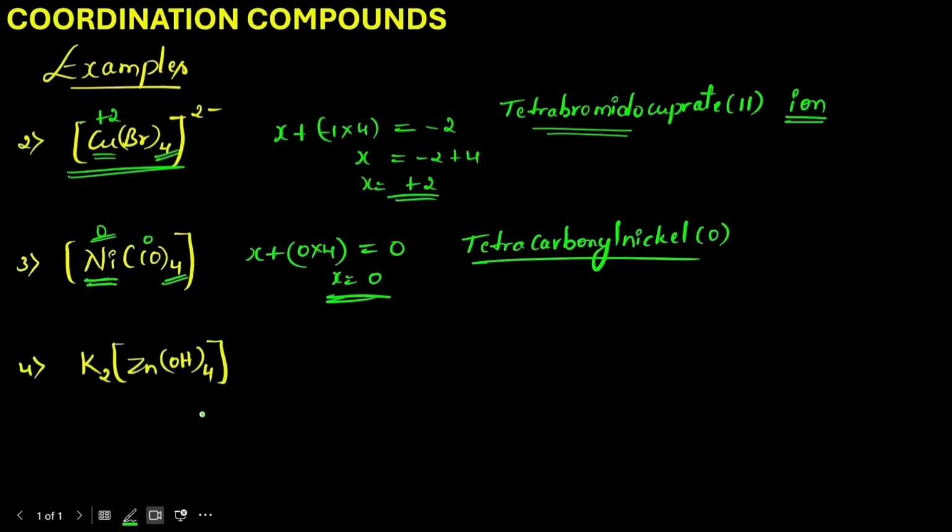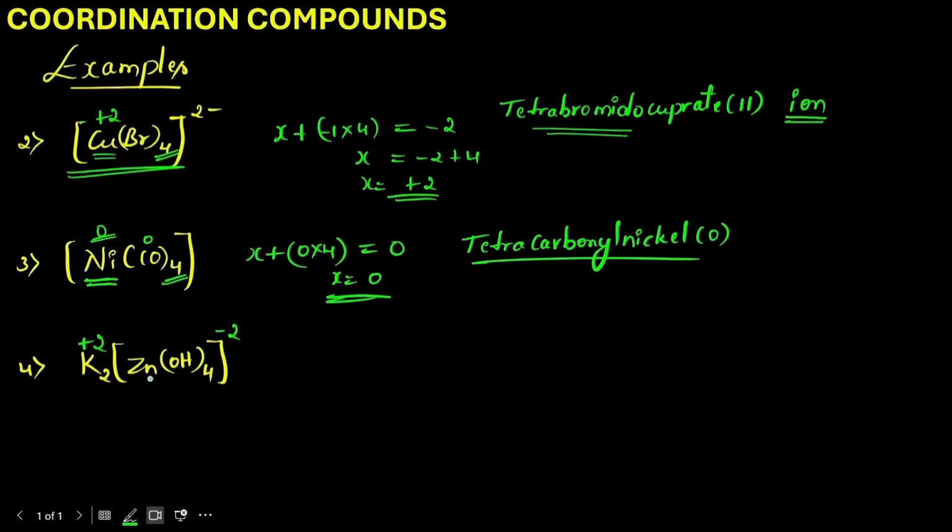Here is the next example. We know that potassium will have a positive charge on it. Therefore, 2 potassium ions are there, so the charge will be plus 2. And we know that the charge of the cation should be balanced by the charge of the anion. Therefore, the charge on the coordination sphere will be minus 2.